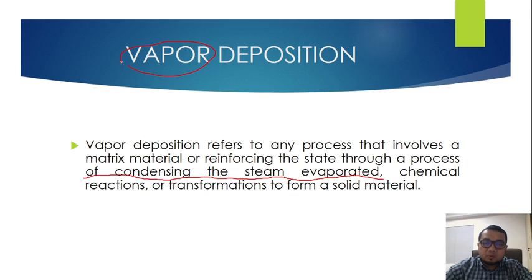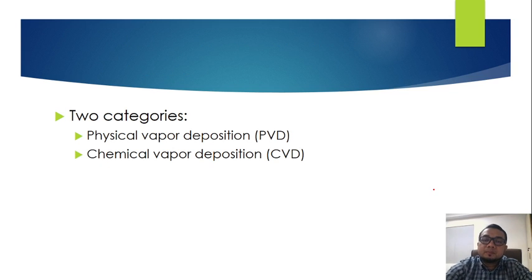It uses gas, steam, evaporation, and it also uses chemical reaction or transformation to form a solid material. So you have two categories: first, physical vapor deposition, PVD, and also chemical vapor deposition, CVD.